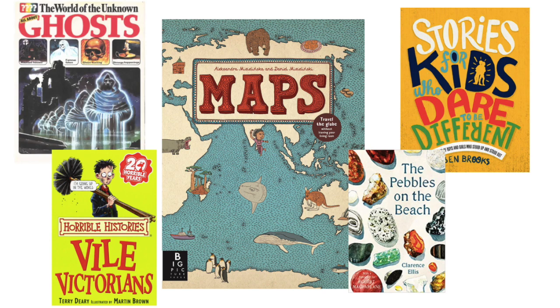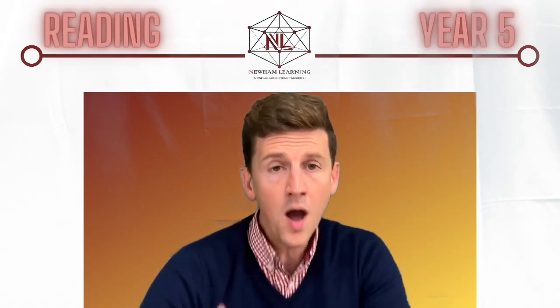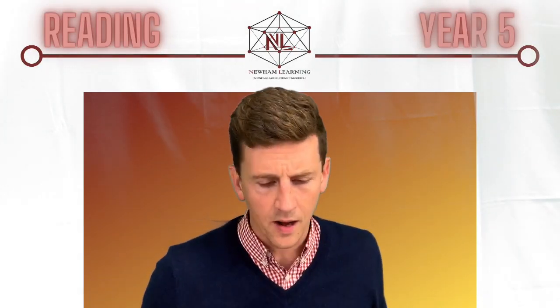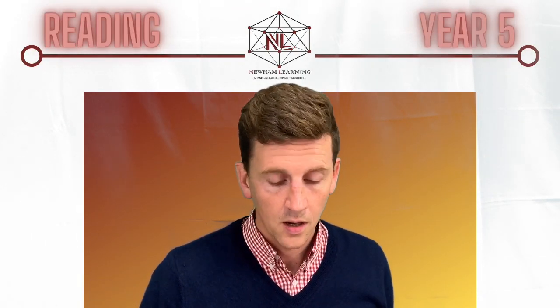We've got ghosts, we've got Vile Victorians, that's one of the horrible histories books, we've got maps, that's the big book in the middle, we've got stories for kids who dare to be different, and finally, we've got the pebbles on the beach. So, what did you think? Shout it out for me. Whoa, whoa, whoa, no, not so loud.